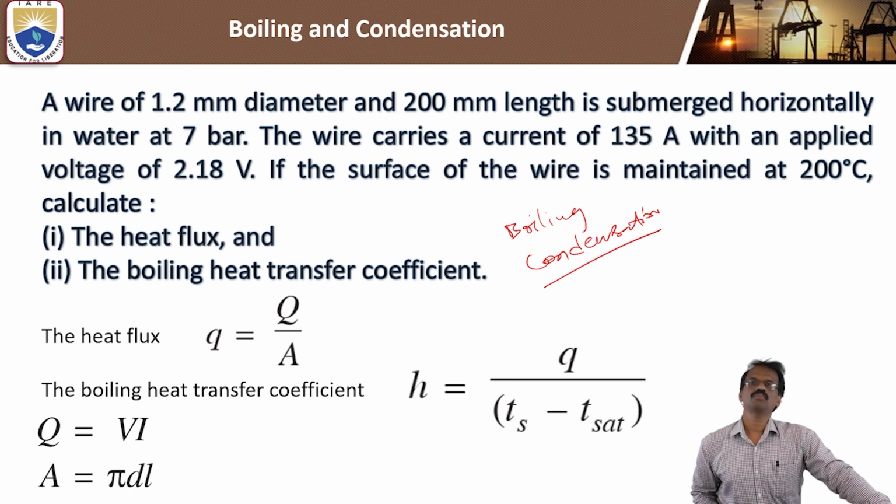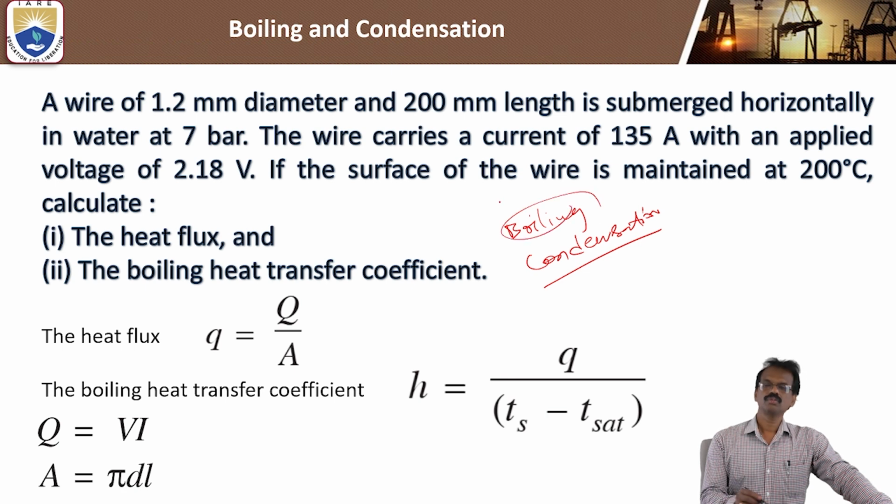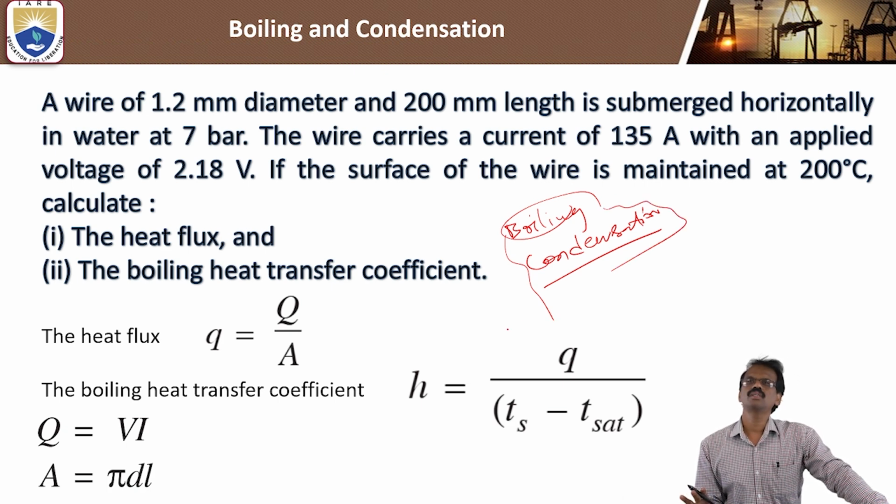Convection is one of the modes to transfer heat from solid to fluid. Along with it, a phase change occurs, which is nothing but boiling and condensation. In natural convection or any convection, we see only the heat transfer rate, but in boiling and condensation, along with heat transfer, we see the phase change.